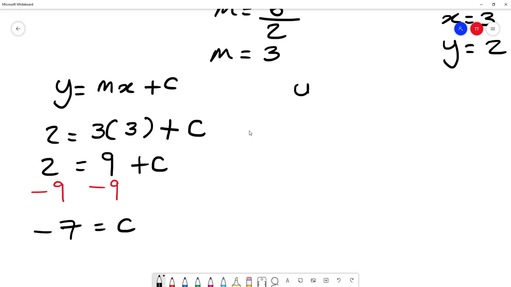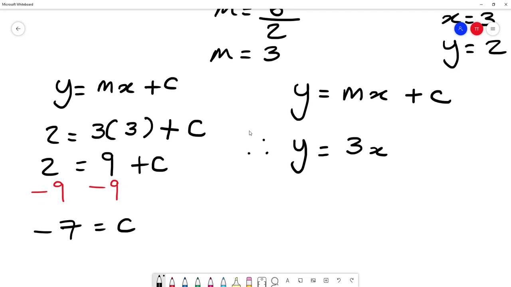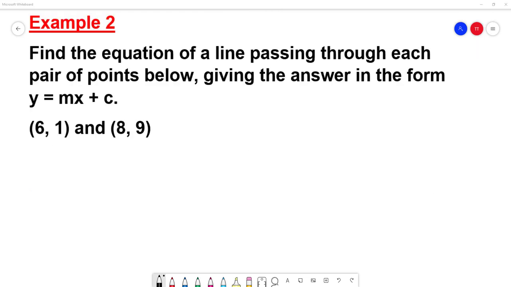And remember, we want all equations in the form y equals mx plus c. So y equals, the gradient in our case is 3, so we get 3x, and the y-intercept is minus 7, so y equals 3x minus 7 is the equation of the straight line.